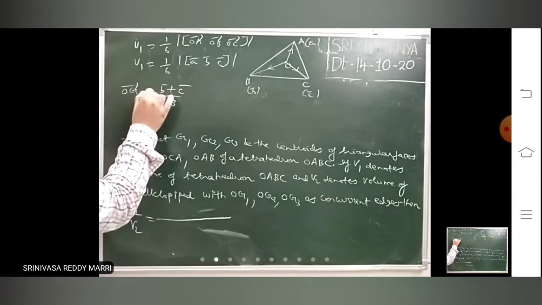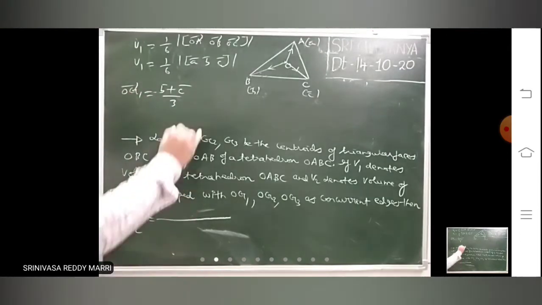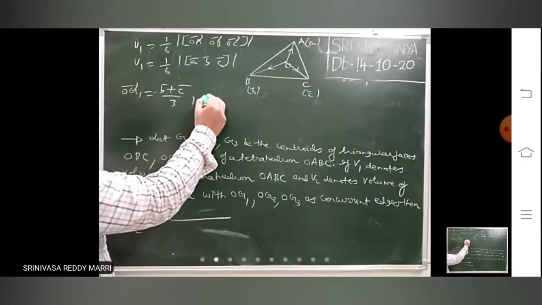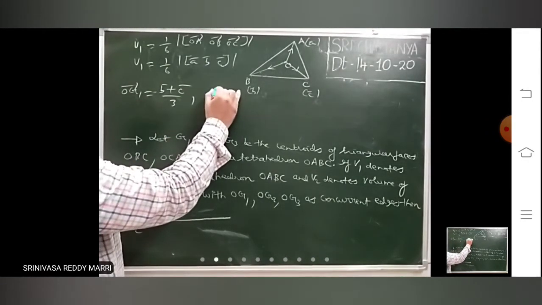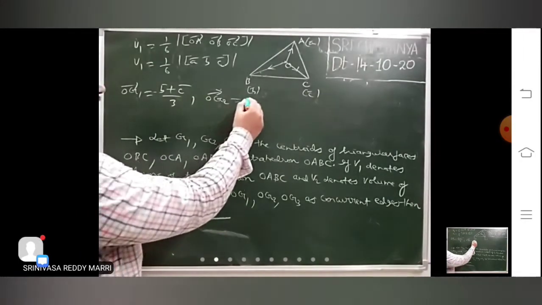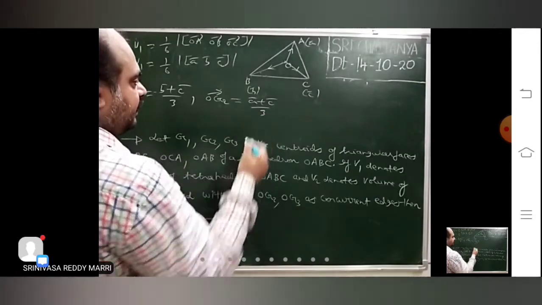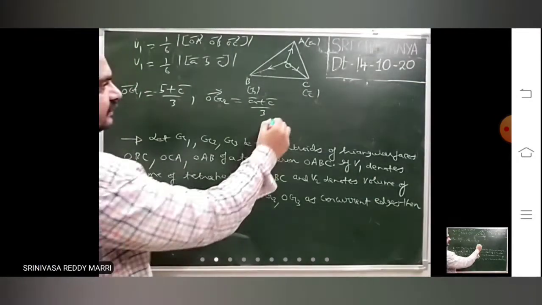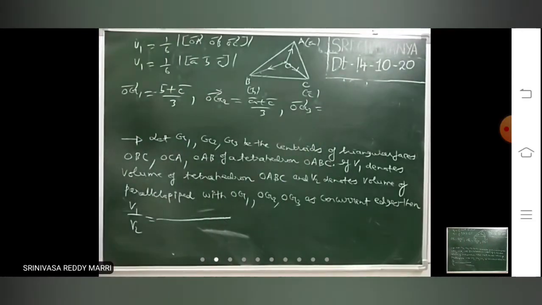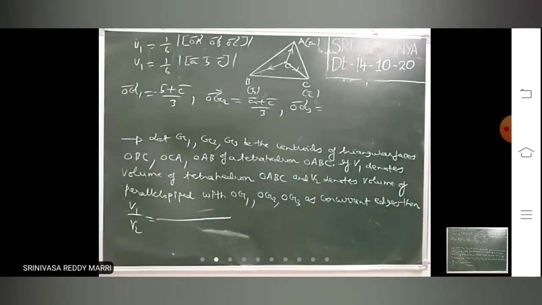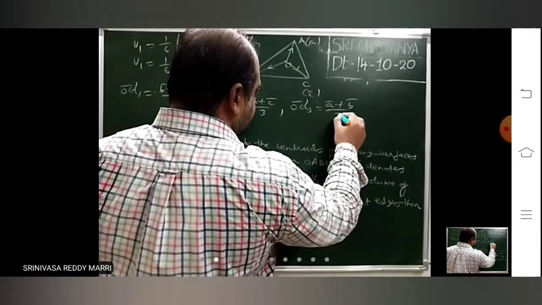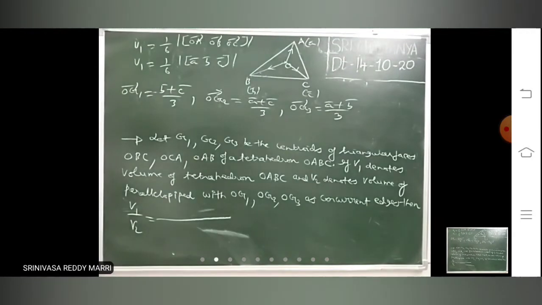That means B bar plus C bar divided by 3. Next, for triangle OCA, G2 is A bar plus C bar divided by 3. Next, for triangle OAB, that is nothing but A bar plus B bar divided by 3. So you got this one.